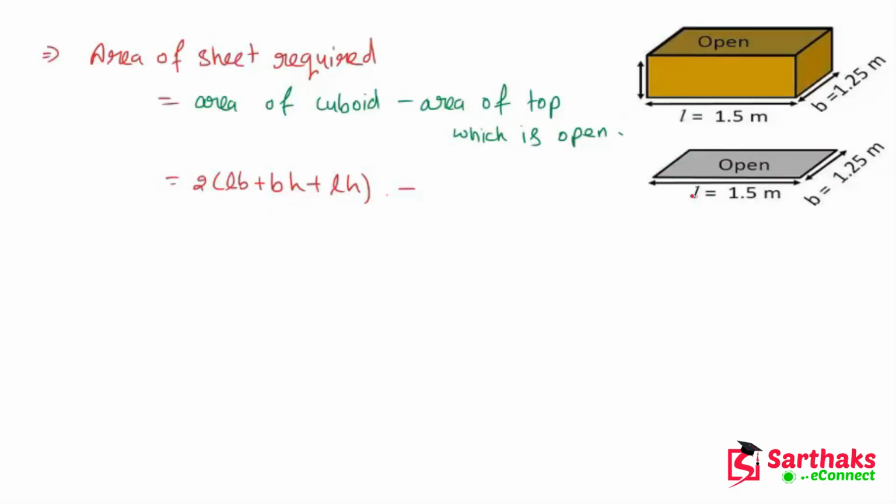The formula for the area of a rectangle is L into B, length into breadth.